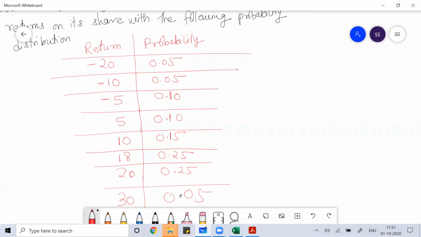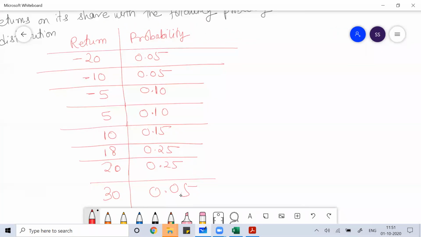This is the question. Return and probability I have given you.